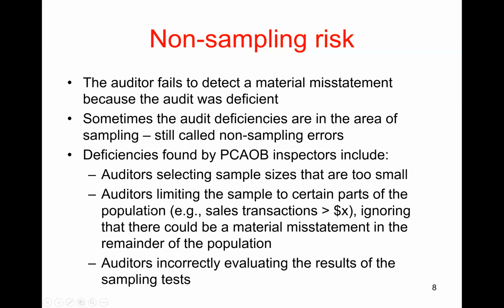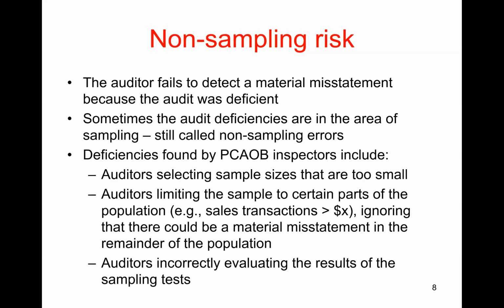The second one is auditors limiting the sample to certain parts of the population while ignoring that there could be a material misstatement in the remainder of the population. Right? So suppose, for example, the auditor says, well, we've got all these sales transactions in the year, and we really want to spend most of our time looking at large ones because it's the large ones that are more likely to create a material misstatement.